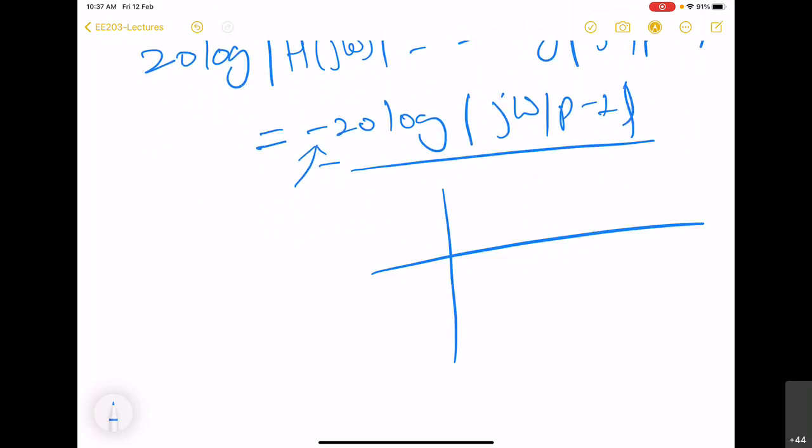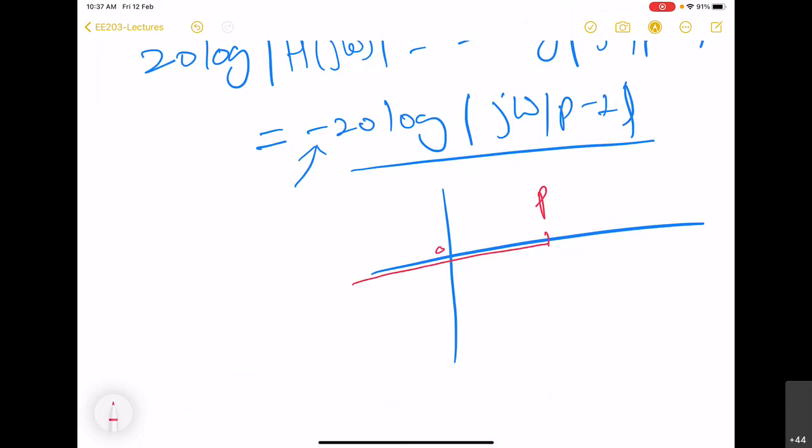So if you try to work out the complete plot of this, what will now change is only the slope, because it was this factor 20 which was responsible for the slope in the region where omega is much greater than this factor, which was the zero earlier. Now this is a pole. This is called a pole. So if you repeat the process that we did for the zero case, suppose this is the pole location, then one will get an approximate plot like this.